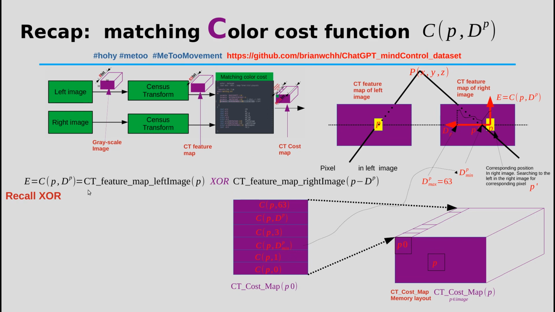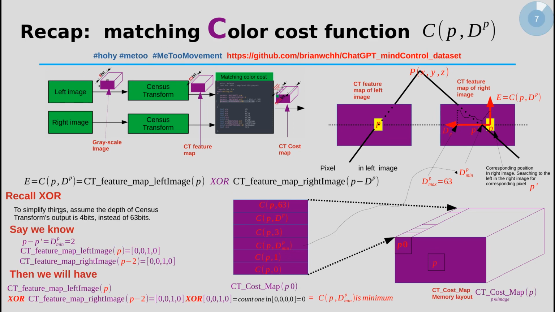Okay, so now let's recall the XOR operation. This is the feature map on the left. Suppose we have a feature map after sensor transform.